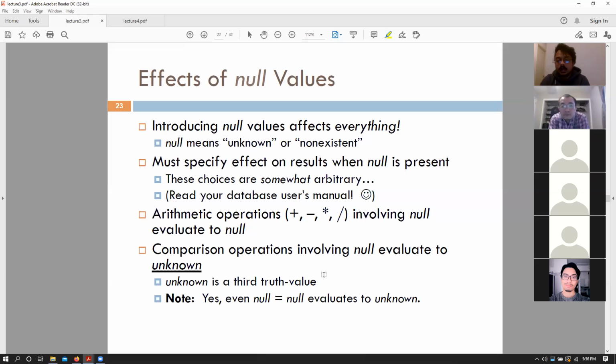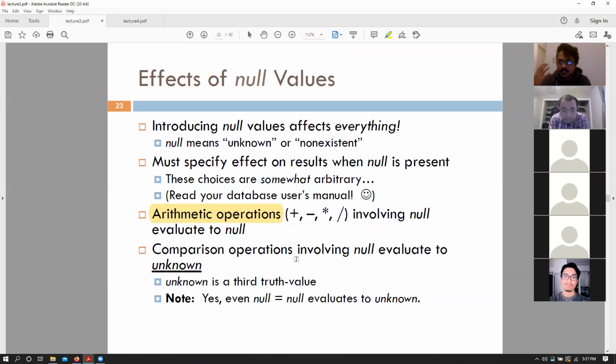Okay. So when we introduce certain null variables or null results, we need to understand how those null values operate in terms of different operations that we have seen so far. Mainly, first, if we talk about arithmetic operations, every arithmetic operation that involves a null evaluates to null.